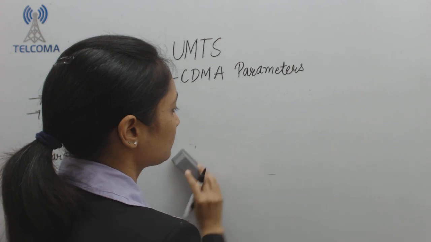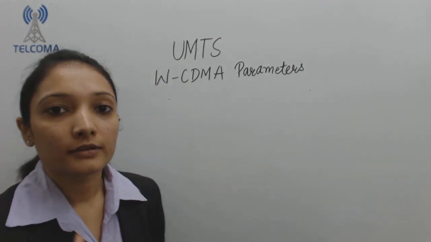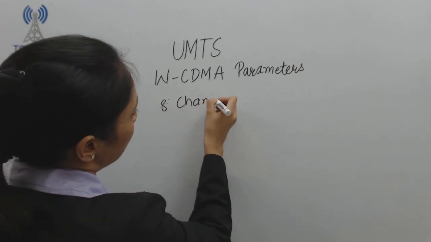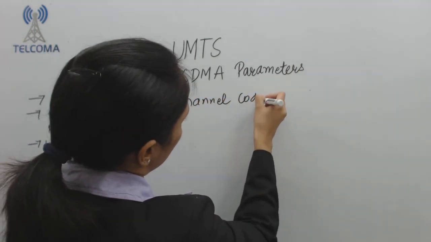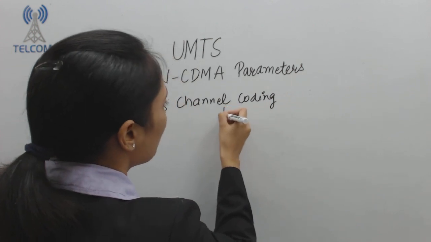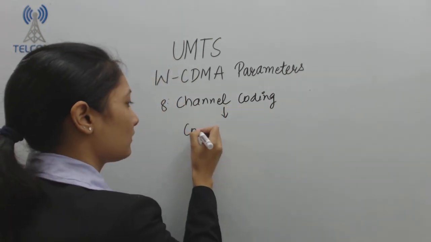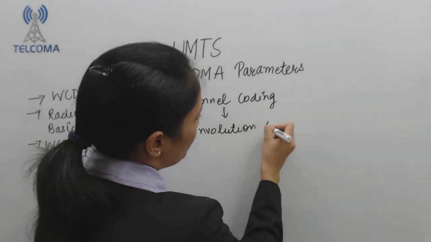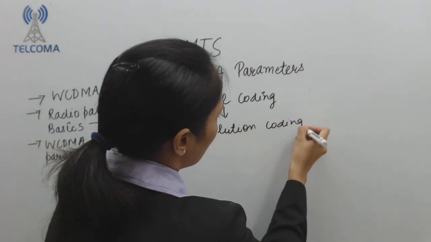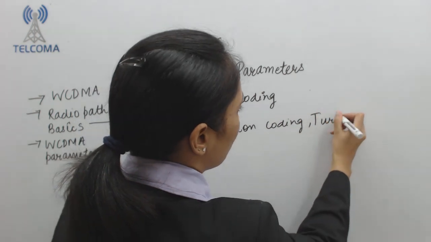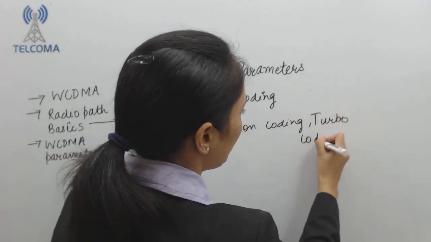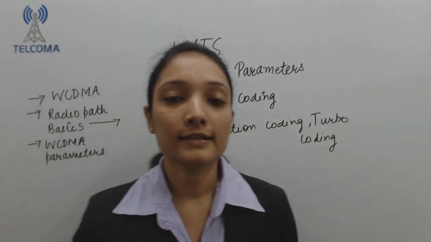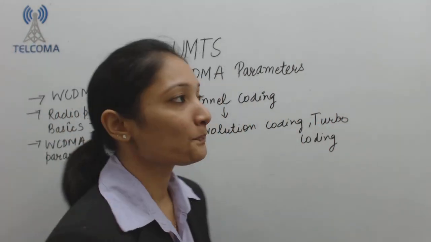Next parameter for WCDMA is the channel coding. It uses two different channel coding techniques: convolution coding techniques and turbo coding techniques. We will be discussing the channel coding techniques and the modulation techniques in our further sessions.